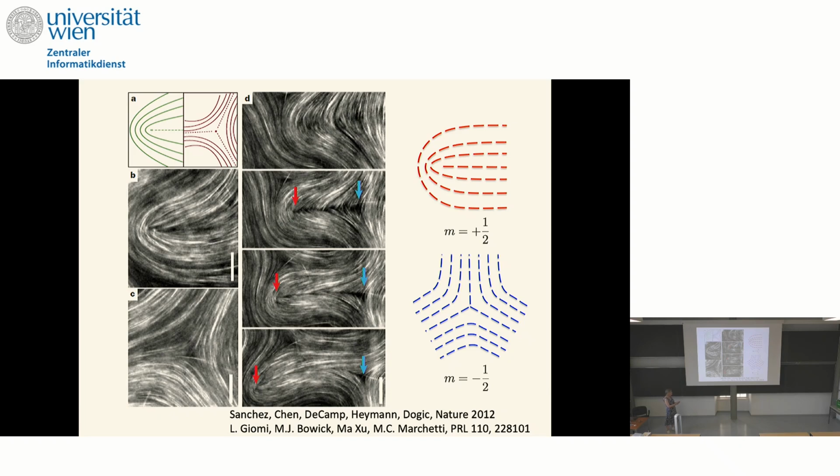And what you can see is that the buckling is essentially the formation of this +1/2 defect, which is this comet-like structure, and the -1/2 defect left behind has this threefold symmetry. The -1/2 doesn't move very much, and the +1/2 moves away from the -1/2. So you're seeing the same physics happening in the real system.